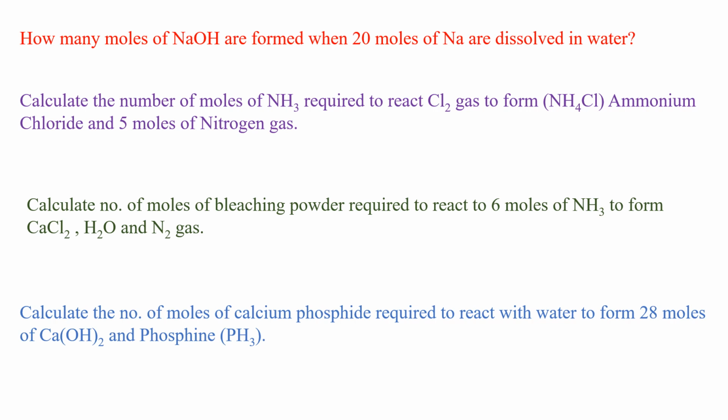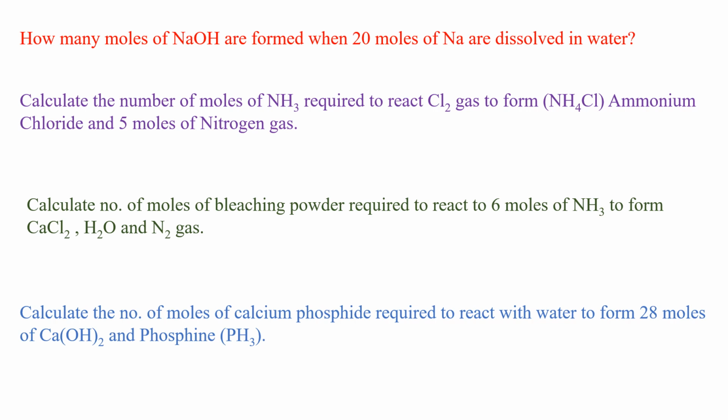How many moles of sodium hydroxide are formed when 20 moles of sodium are dissolved in water? Next question. Calculate the number of moles of ammonia required to react with chlorine gas to form ammonium chloride and 5 moles of nitrogen gas.